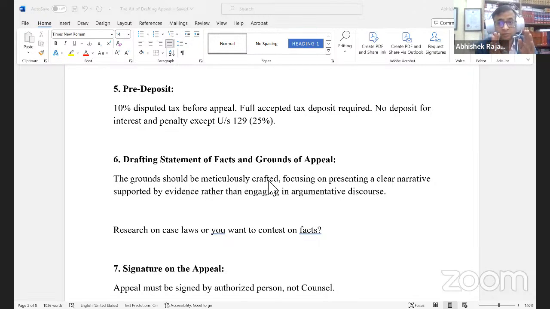Or the dispute between you two could be, let's say, that the department is of the opinion that this liability should be CGST and SGST.